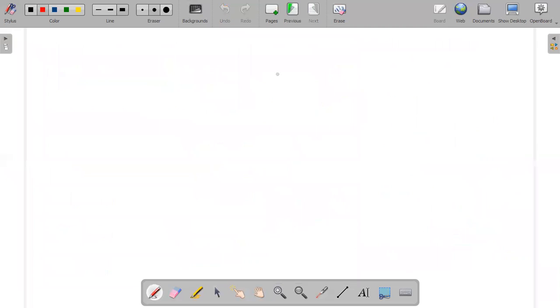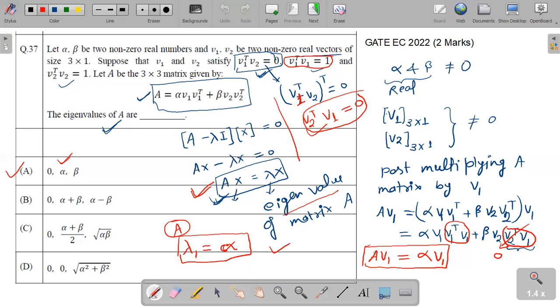Now to find the other eigenvalues, let us make A b2, right? Because two vectors are given in the question, b1 and b2, so we are trying to make it in the form of A b2. So how do we make A b2?